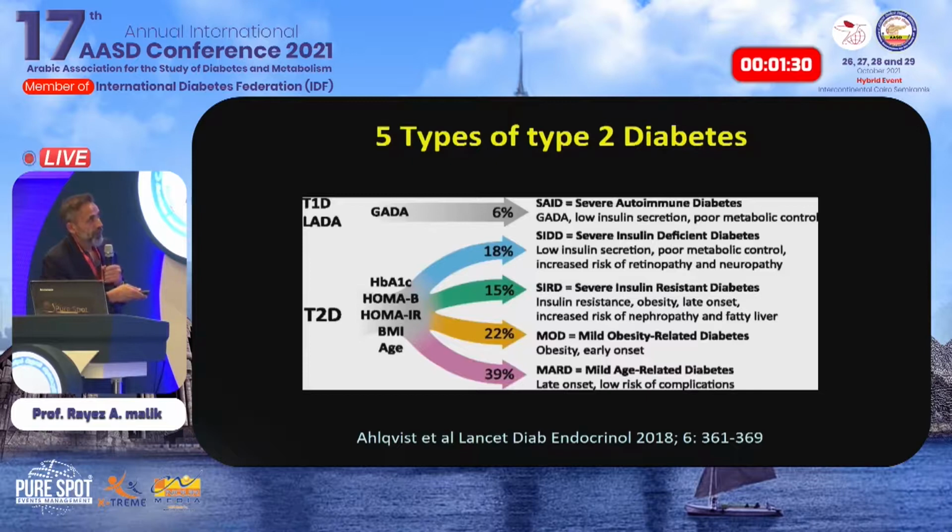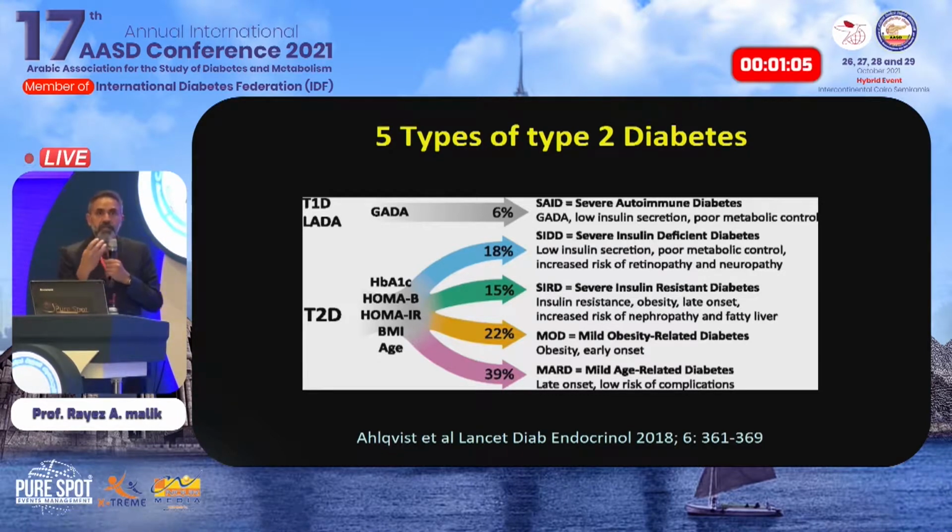You have the typical GADA antibody group, the top one, which is now referred to as SAID, severe autoimmune diabetes. Here you have antibodies, low insulin secretion, and poor metabolic control. But you then have, based on HbA1c, insulin resistance, BMI, and age, 4 further variants of type 2 diabetes.